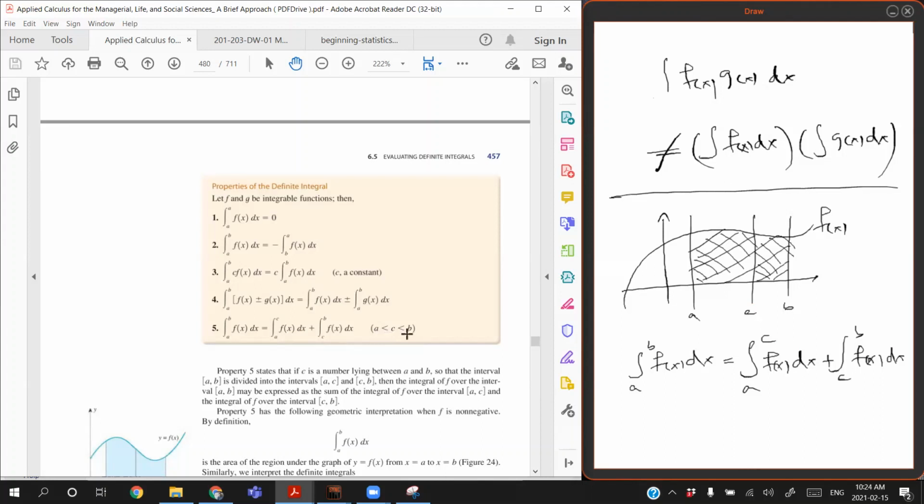So c does not have to be between a and b. If c is less than a or greater than b, this still works. But again, it's much easier to understand it in terms of the geometry of the areas of the regions. Any questions?